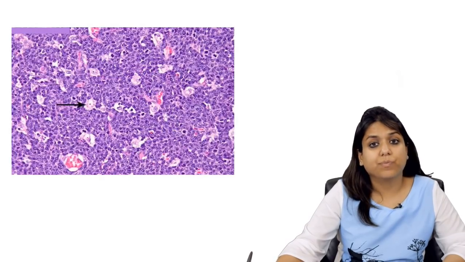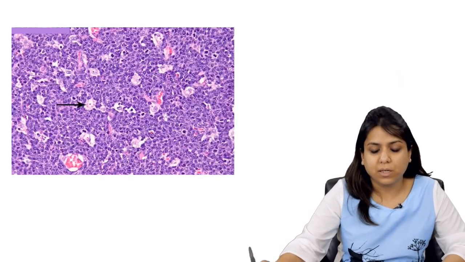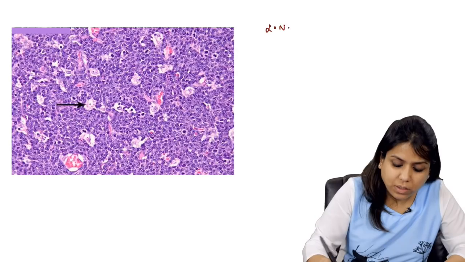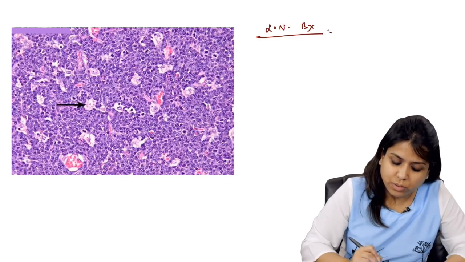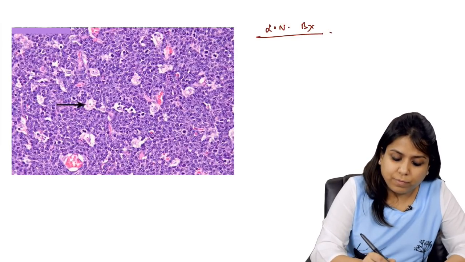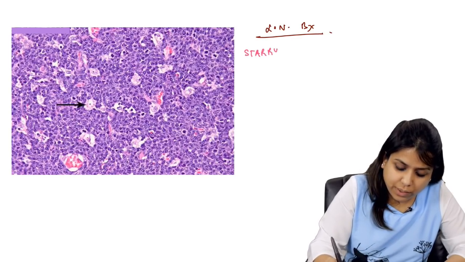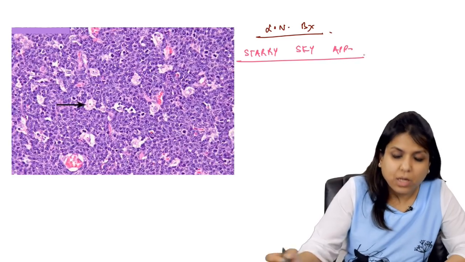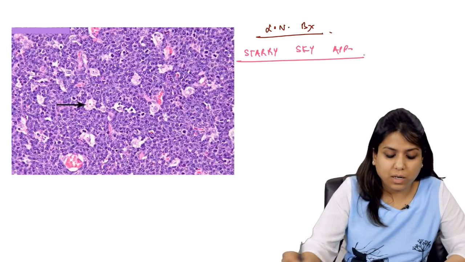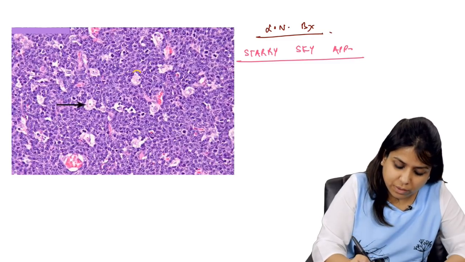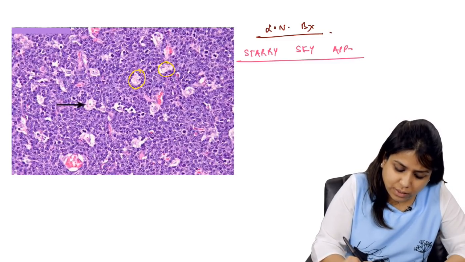Next image, students, very important, have been previously asked in the exam. This is a lymph node biopsy, students, and this lymph node biopsy shows a starry sky appearance. It shows a stars in the sky appearance. Can you appreciate these cells in the middle?